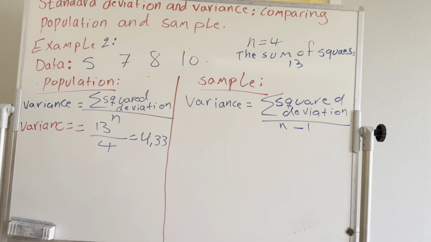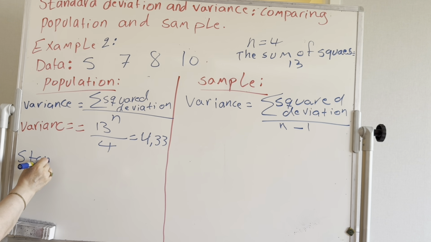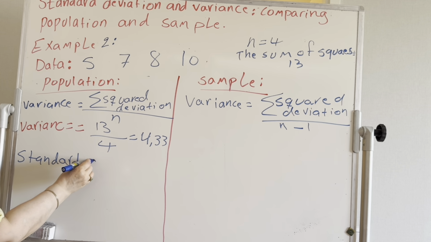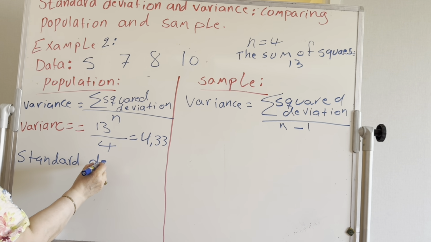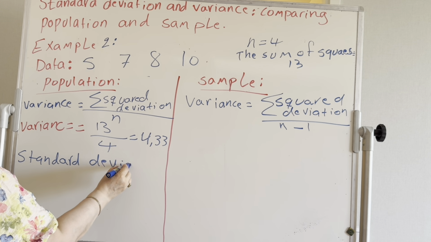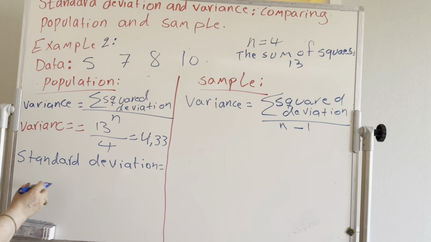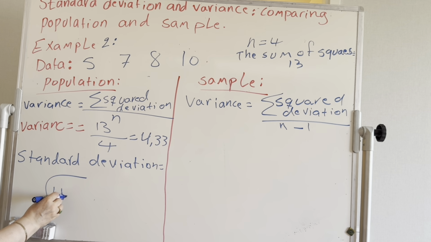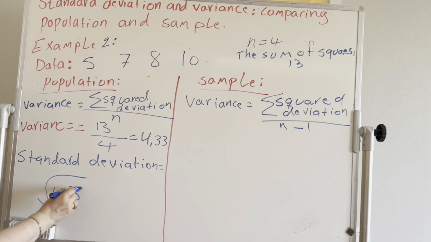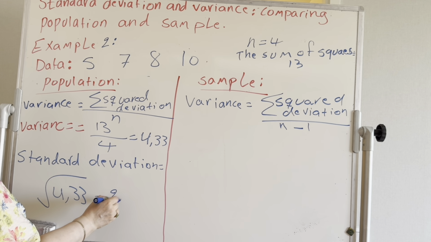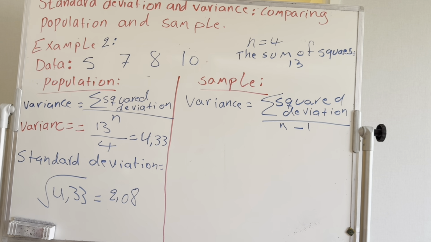Standard deviation equals the square root of 4.33 equals 2.08.